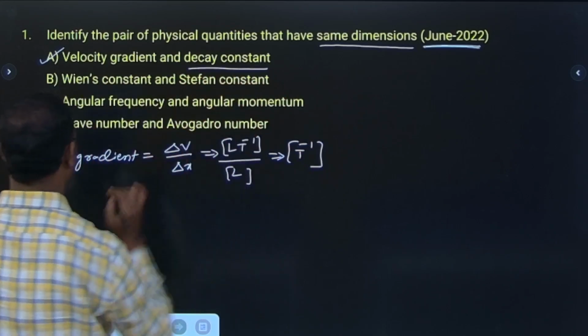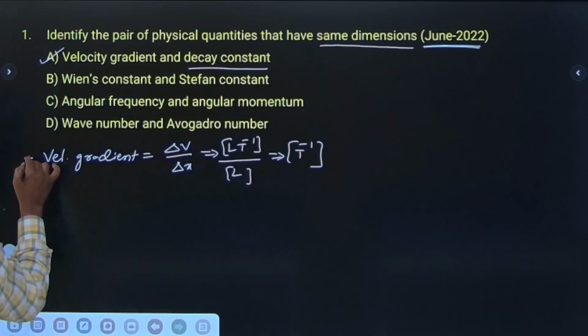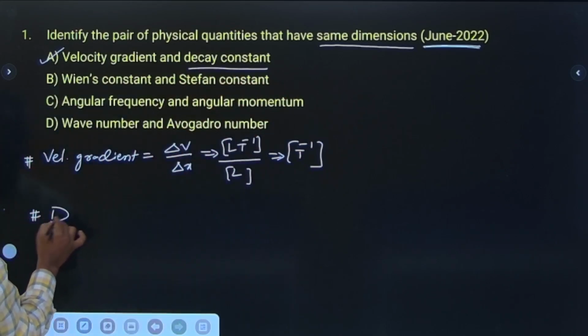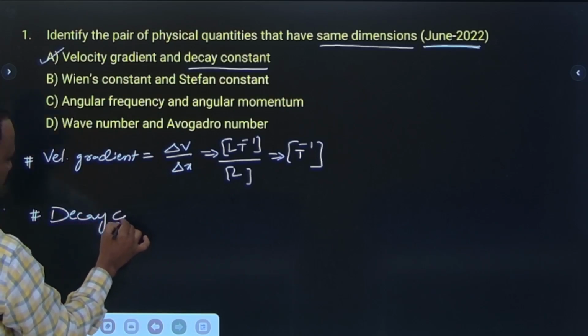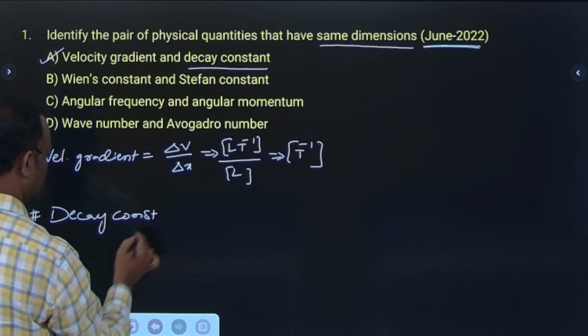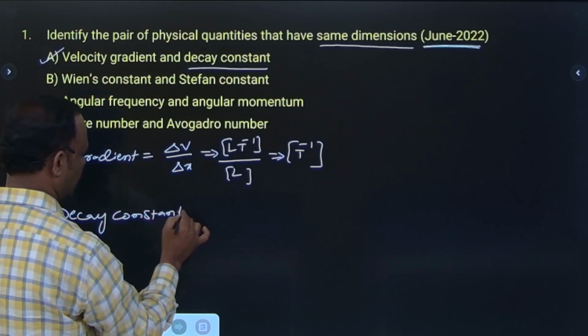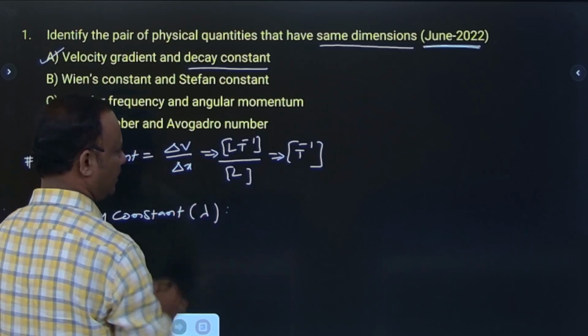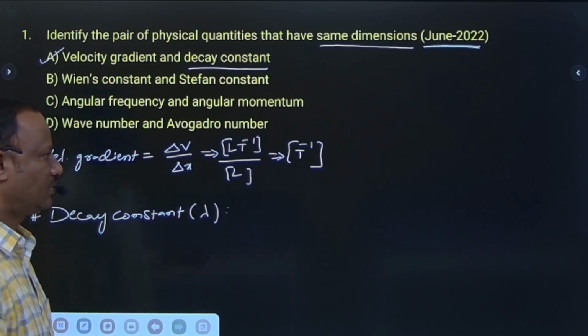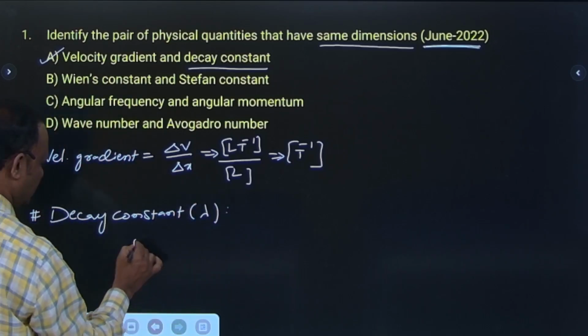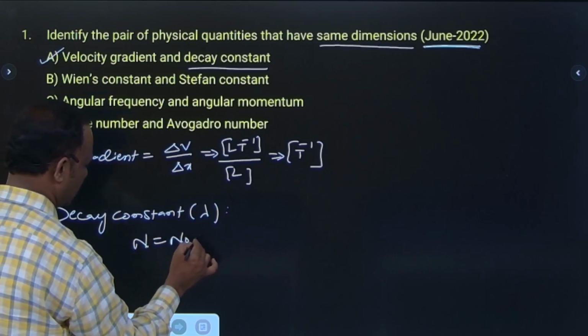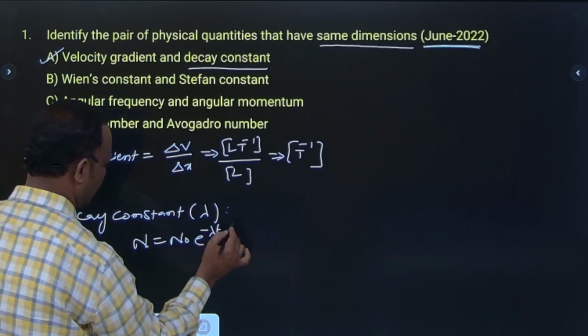Next one is decay constant. Decay constant is lambda. You can get this formula from the nuclei: N is equal to N naught e power minus lambda t.